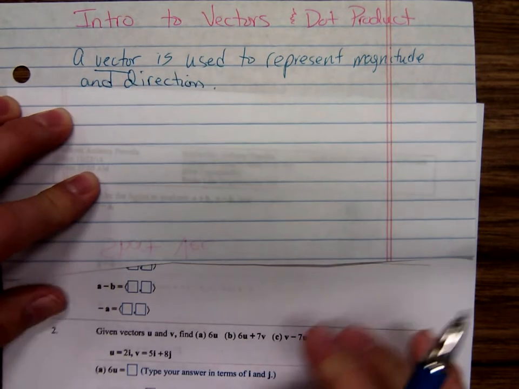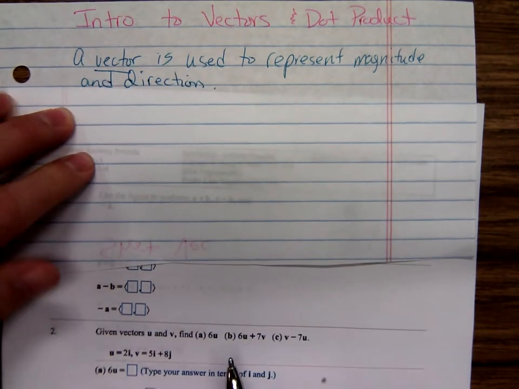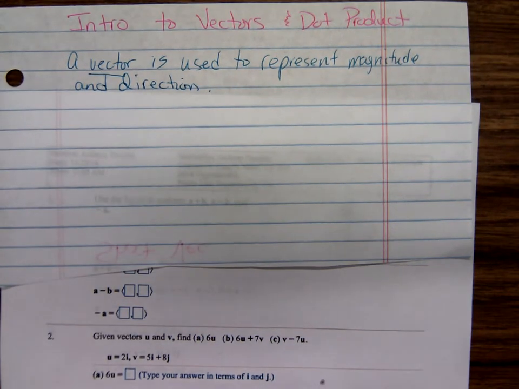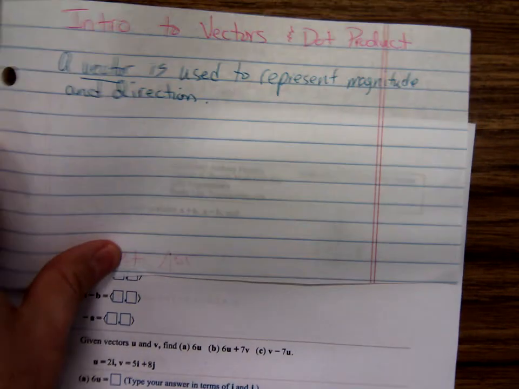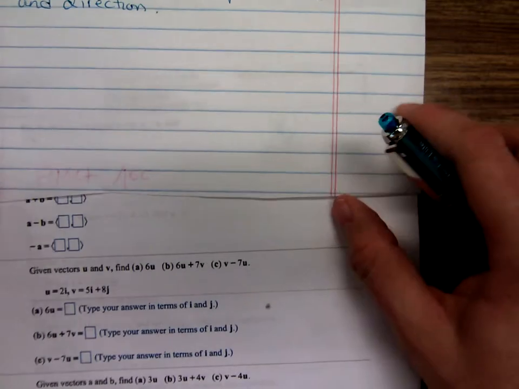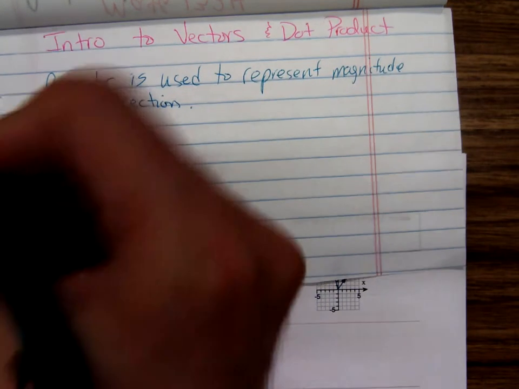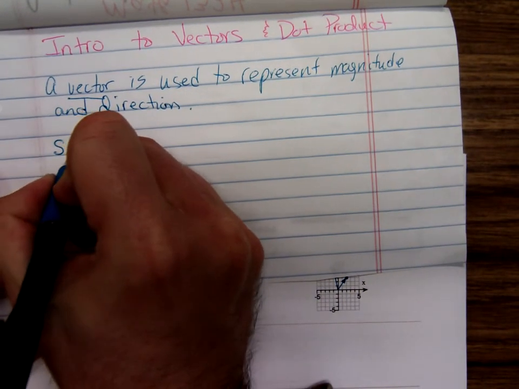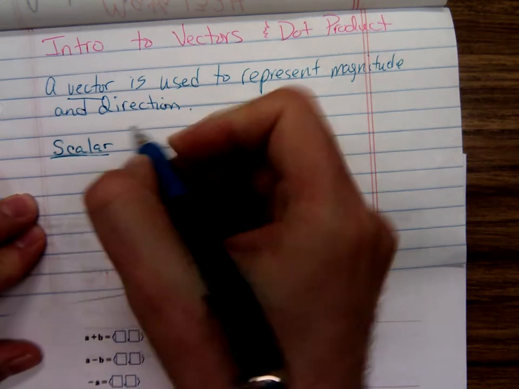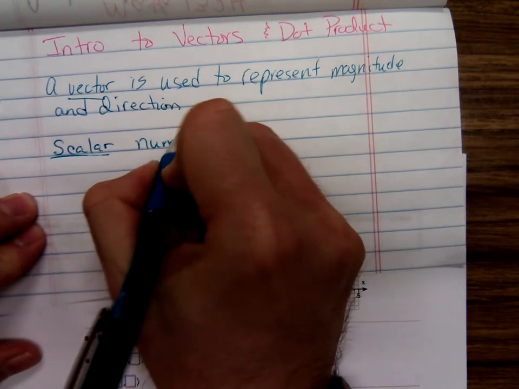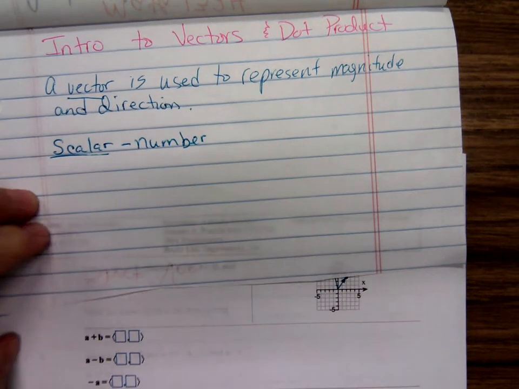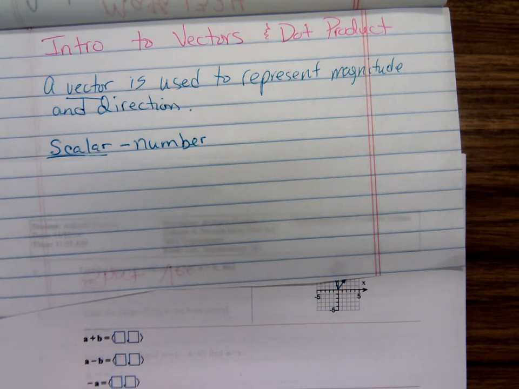To distinguish between a vector and just a plain number, we're going to call a plain number a scalar. A scalar is just a plain number, versus a vector. A vector is both magnitude and direction.